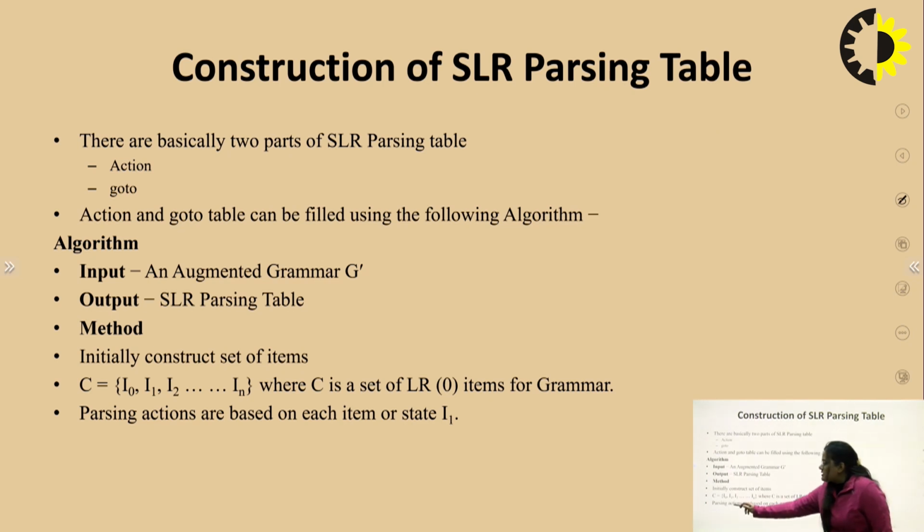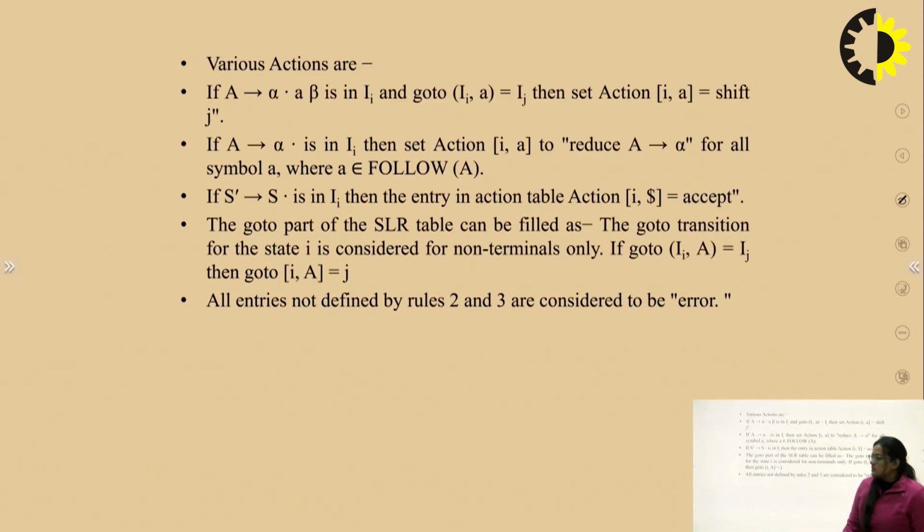Next, parsing actions are based on each item or state Ii. Various actions are required. If A implies alpha dot A beta is in Ii and goto Ii comma A equals Ij, it means, suppose goto I1 comma A equals I2, then set the action in the parsing table.